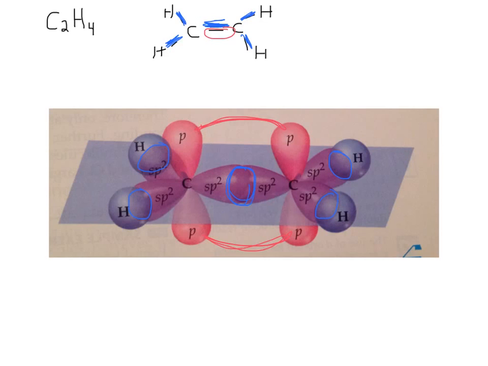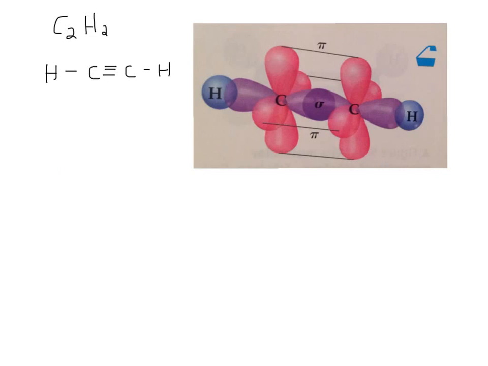So the first two bond along the axis, and the next two bond above and below. So when I have a double bond, I have one sigma and one pi bond, which just tells us that two of the electrons are bonding right along the axis, and the other two are bonding above and below the axis. What if I have a triple bond?